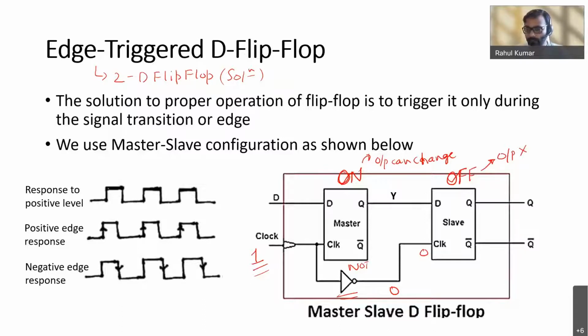So whatever your input is, let's say if it is 1, since your master flip-flop is on, the output Y will change, right? But your output Q will not change.